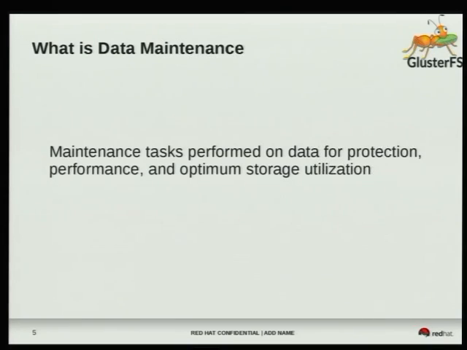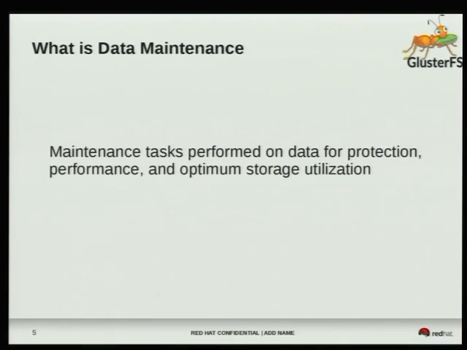Your storage might be used for compliance cases where you need to retain your file for a certain amount of time where it is immutable, undeletable. Or our own use case of data tiering, where you have segregated your storage into hot storage and cold storage. Hot means faster, cold means slower. So that is for performance and storage optimization.